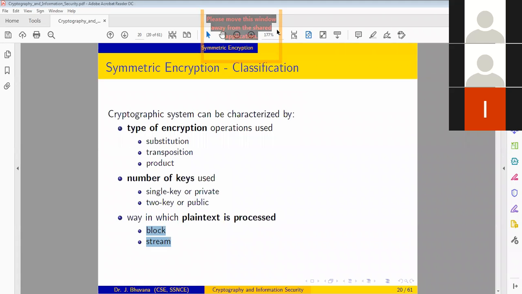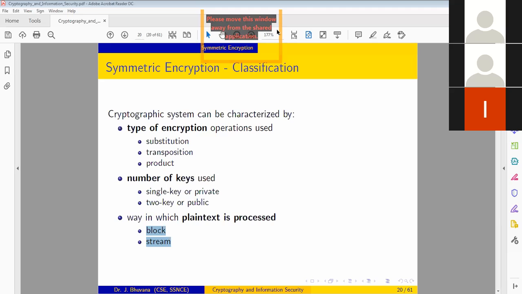With respect to the type of operations I do within the encryption, my algorithm, my security transformation may be a substitution cipher, a transposition cipher, or a product cipher. With respect to the number of keys, I'm classifying the encryption techniques into symmetric or asymmetric encryption, private or public key encryption, one key or two key encryption.